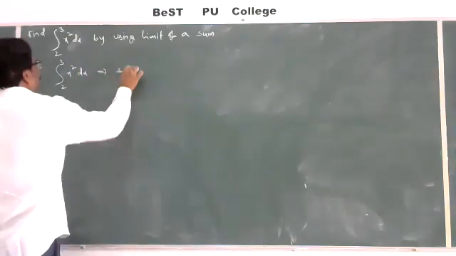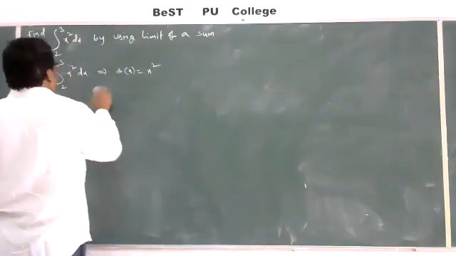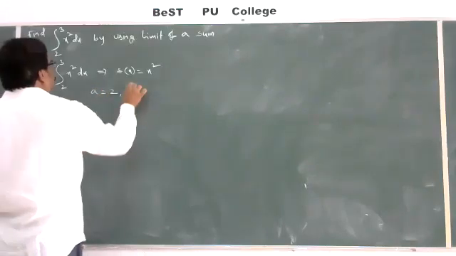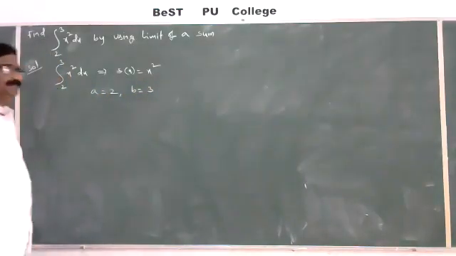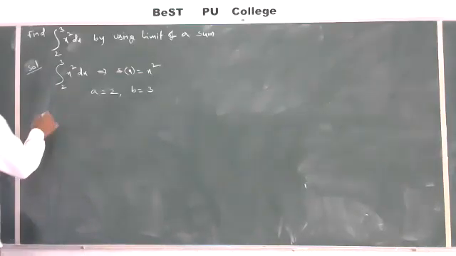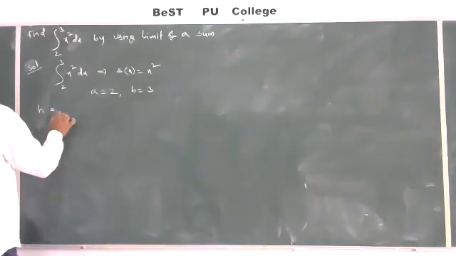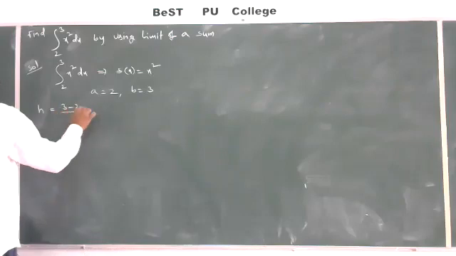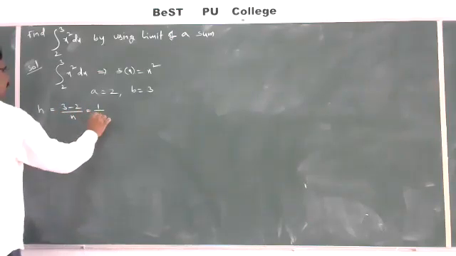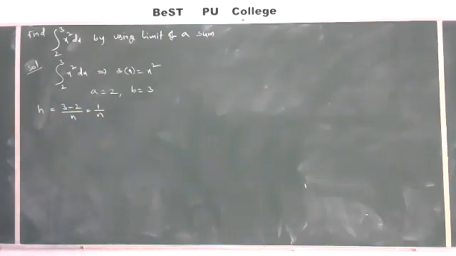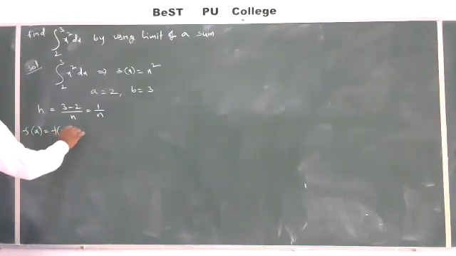f of x is what here? x square. a is equal to 2, b is equal to 3. Then h is equal to 3 minus 2 by n, that is 1 by n. f of a, that is f of 2, is equal to what?